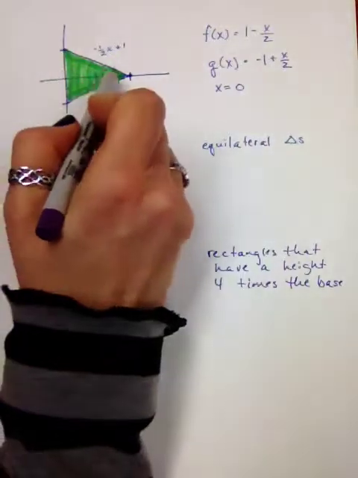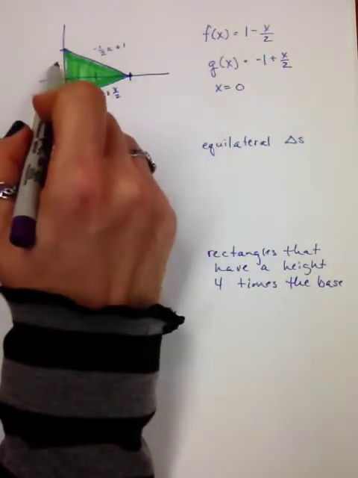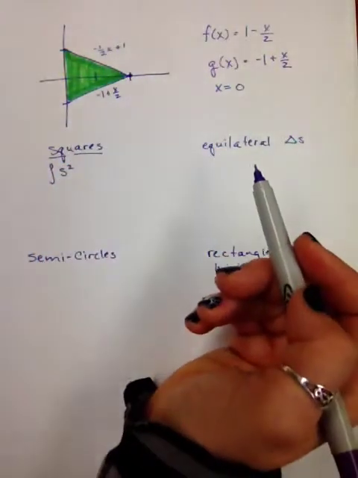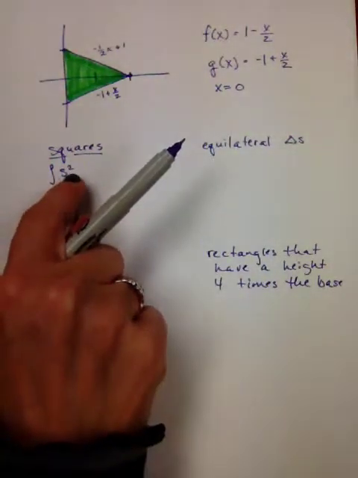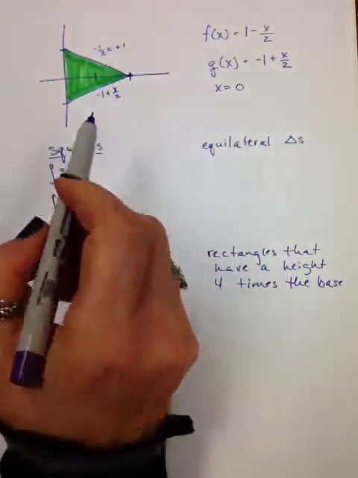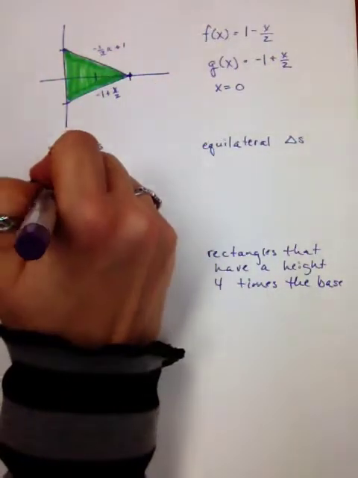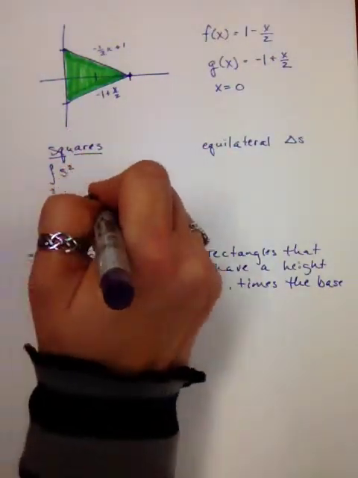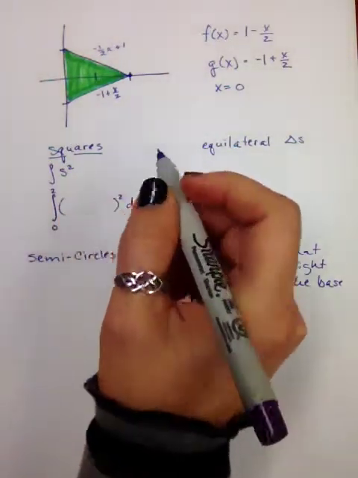If it was perpendicular to the y-axis, they would be coming out like this as a square, and it would be a dy problem. For this one, the area formula for a square is side squared. So I'm going to integrate from my starting x value of 0 to my ending x value of 2, and I'm going to integrate a side length squared, with respect to x.